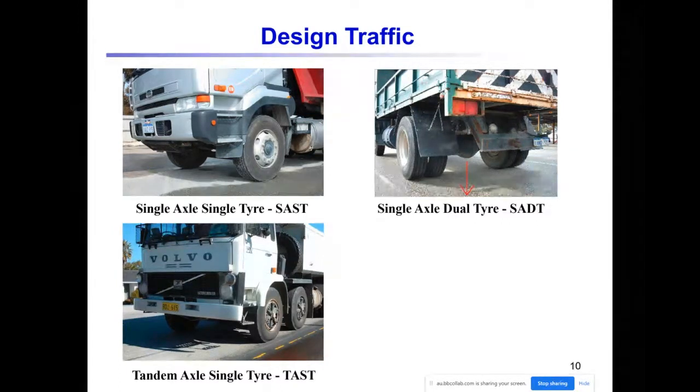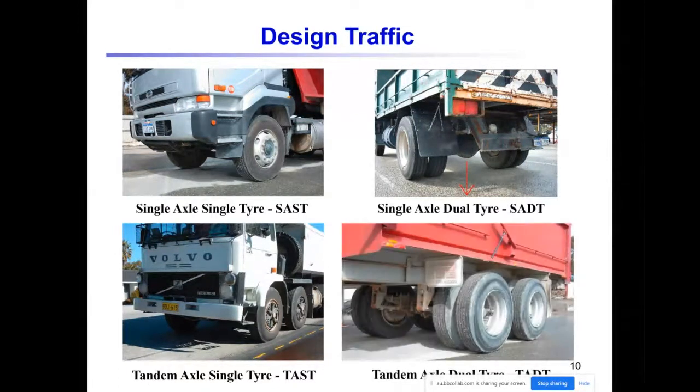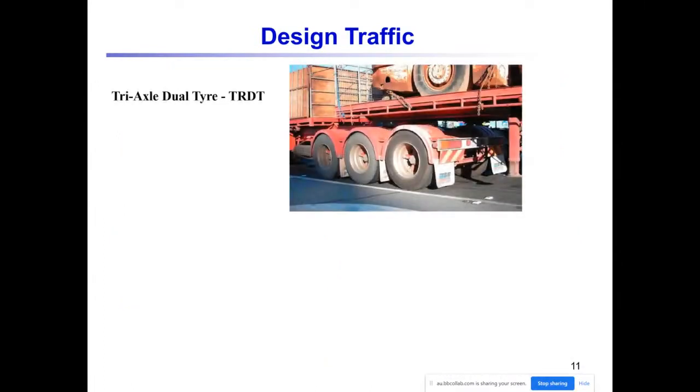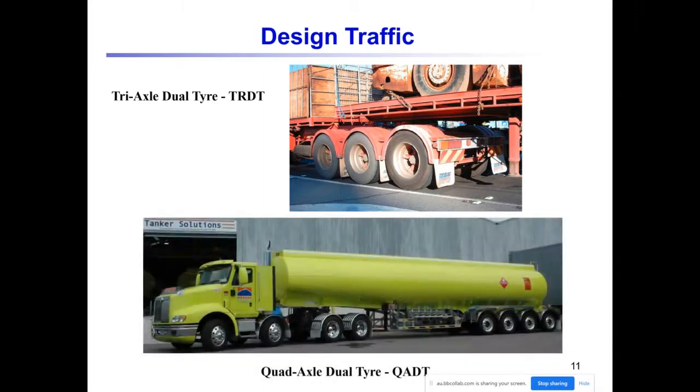Again, it's at the front. Here you can see the tandem axle dual tire. So it is tandem axle and it is dual tire, two tires. Here we have triaxle dual tire, and here you can see quad axle dual tire.